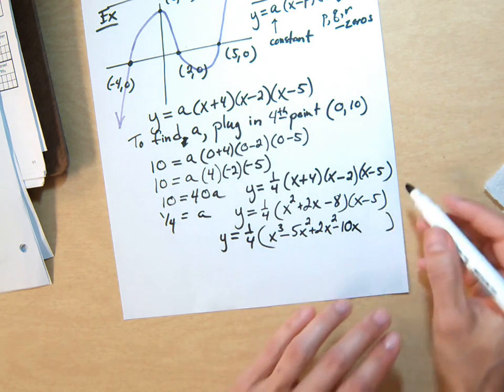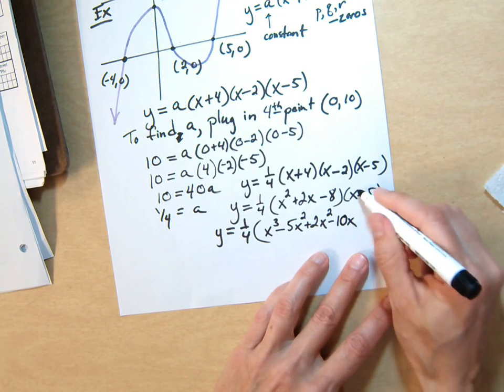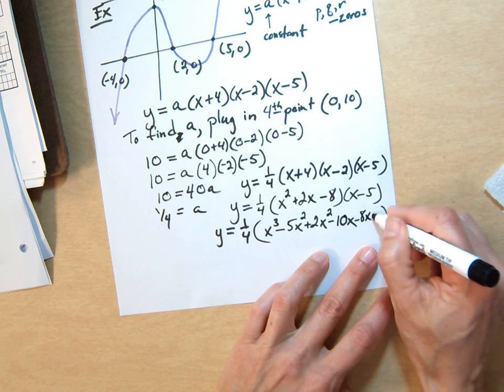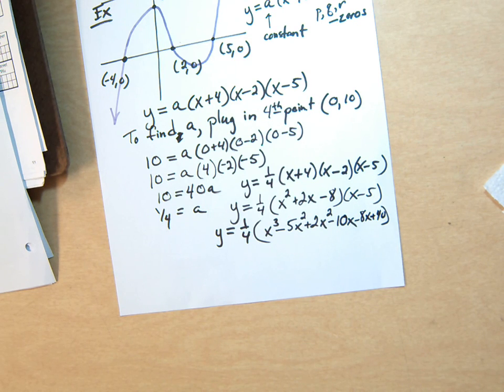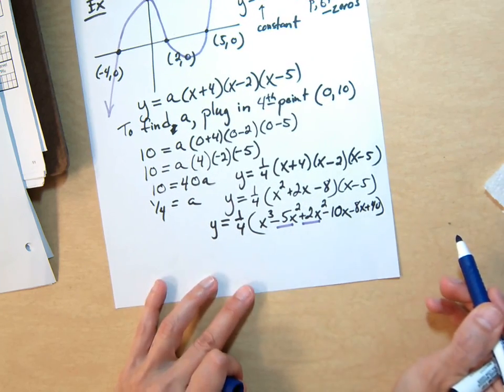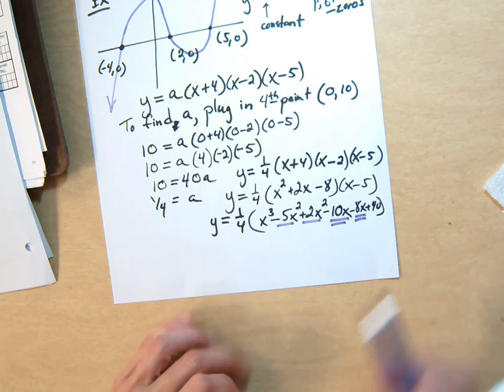And then negative 8. Now we'll distribute the negative 8. Negative 8 times x. And plus 40. There we go. So we're very close to being done. We just need to combine like terms. So these guys are alike, right? They're both x squareds, and these guys are alike because they're both x's.